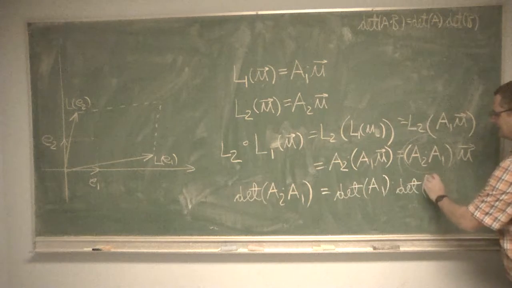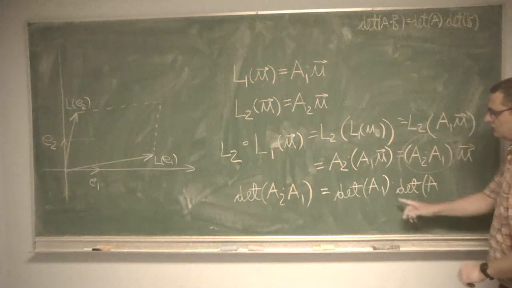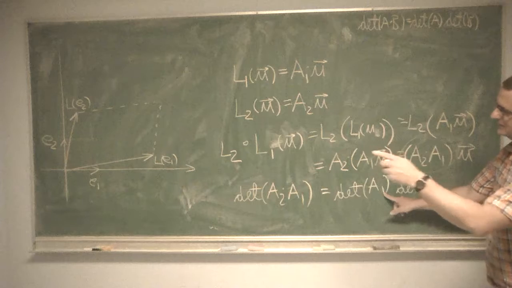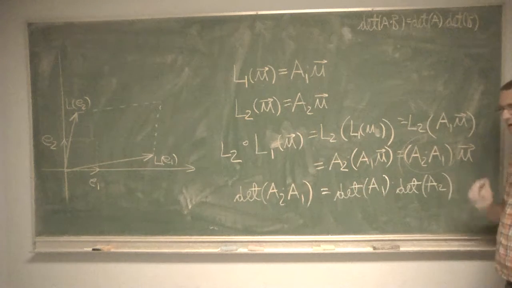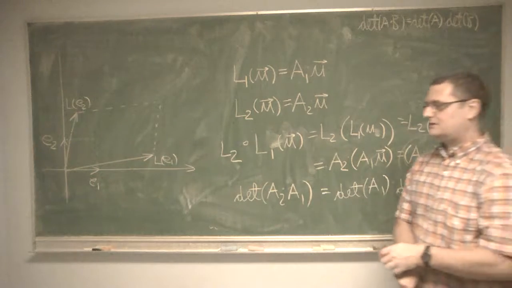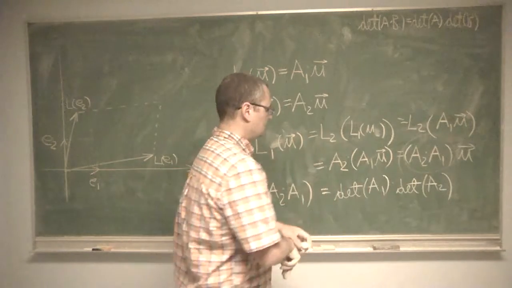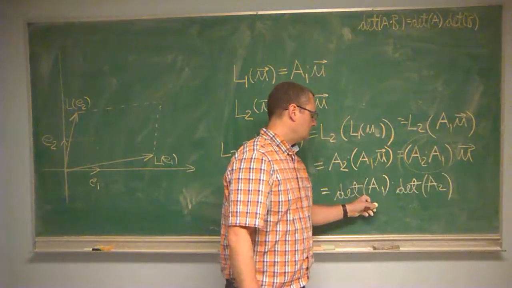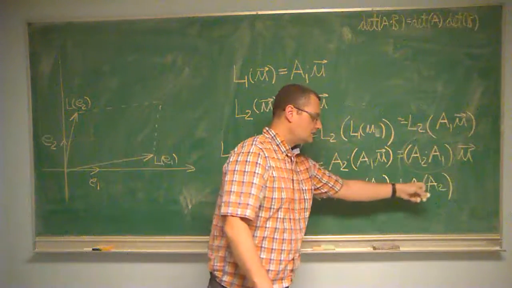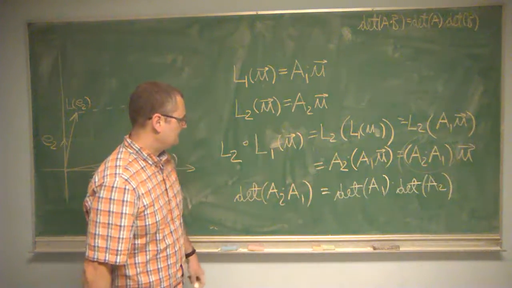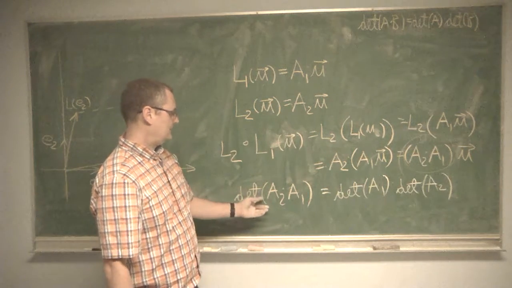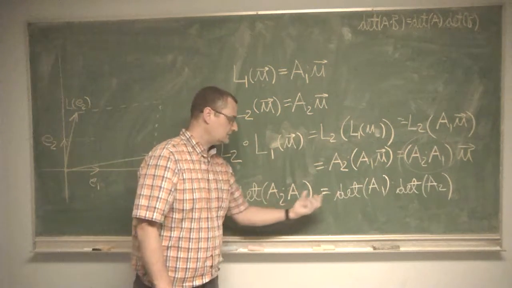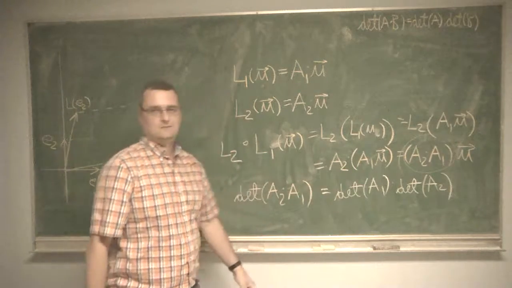So the measure of deformation under L2 is the determinant of A2, and that is factor 3. So in total you double and then triple, so in total you multiply by 6. And so in general you do have that the determinant of the product is the product of determinants.